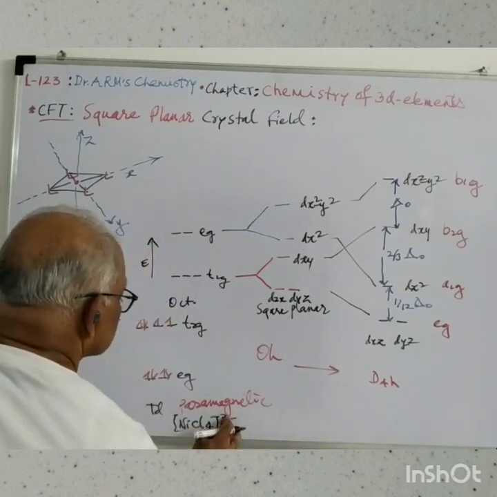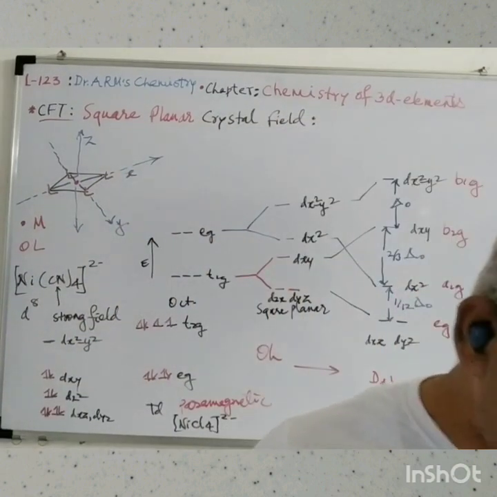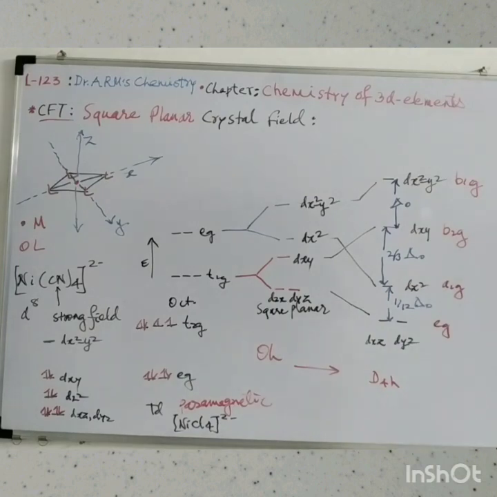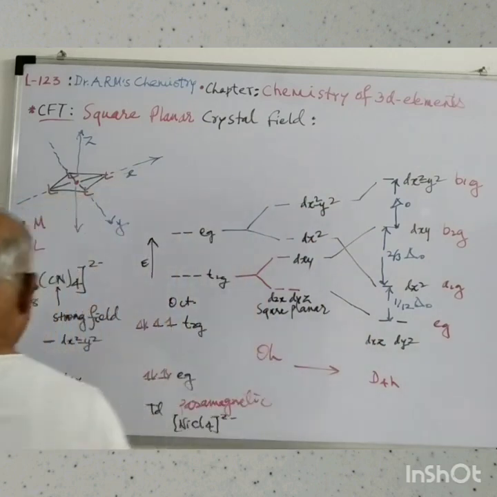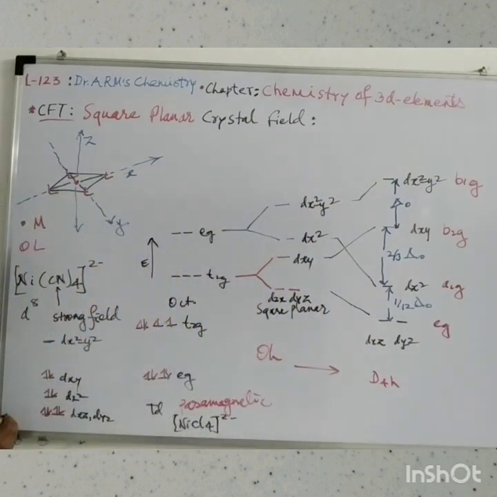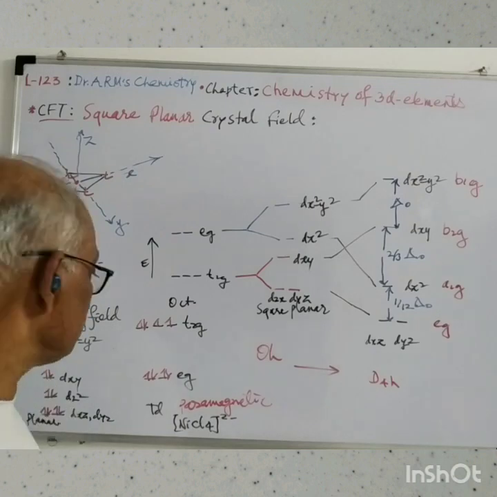So this shows the distinction between tetrahedral and square planar structures. In the square planar crystal field, you will find the difference: this is totally diamagnetic, there is no unpaired electron, so it has no paramagnetic behavior. But in the tetrahedral case there are 2 unpaired electrons, so it is paramagnetic.